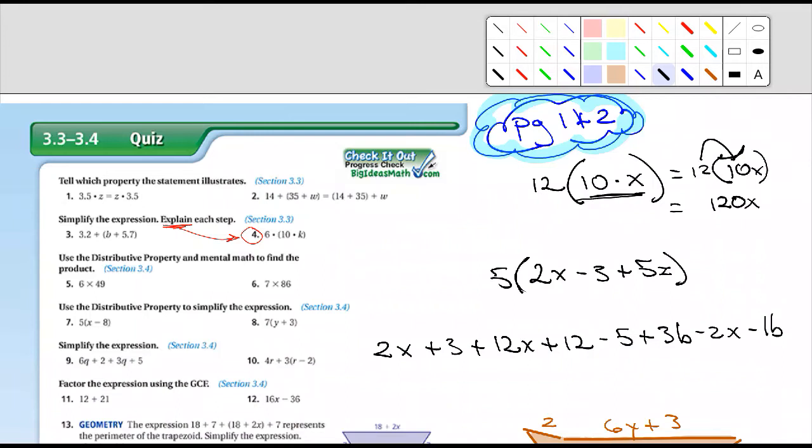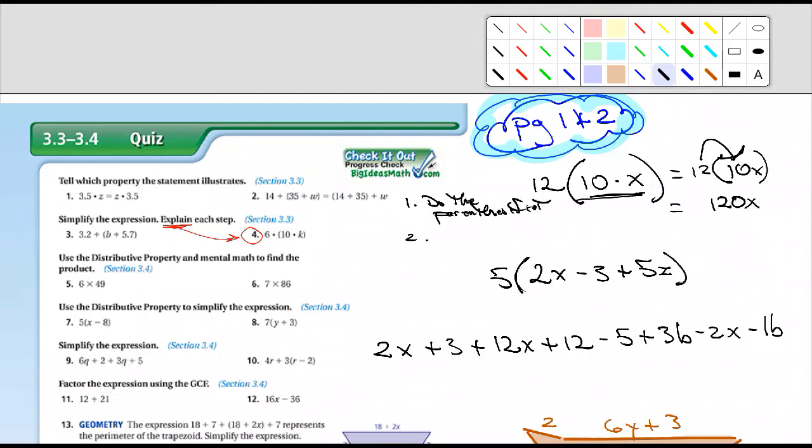All done. If I said to explain each step for this one, and I want you to do this for number 4, step number 1 would be what? Do the parentheses first. Sorry for my writing here.